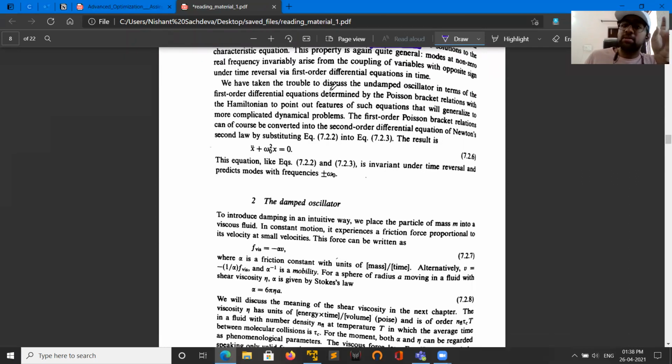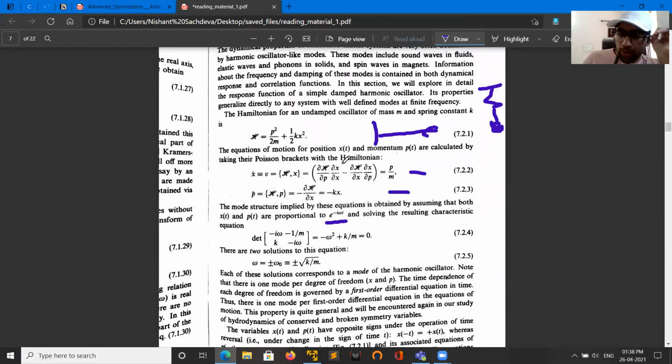Now we have taken the trouble to discuss the undamped oscillator in terms of first order differential equations determined by the Poisson bracket relations with the Hamiltonian, to point out features of such equations that will generalize to more complicated dynamical problems. The first order Poisson bracket relations can of course be converted into the second order differential equations of Newton's second law by substituting equation 7.2.2 into equation 7.2.3.